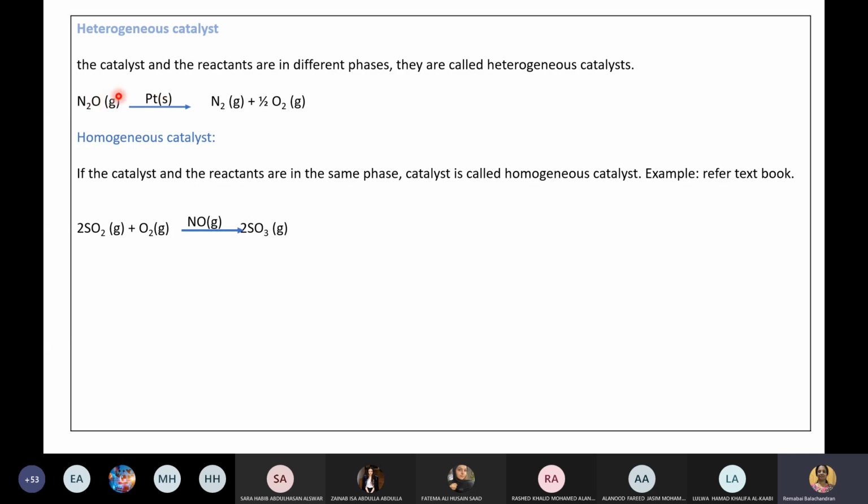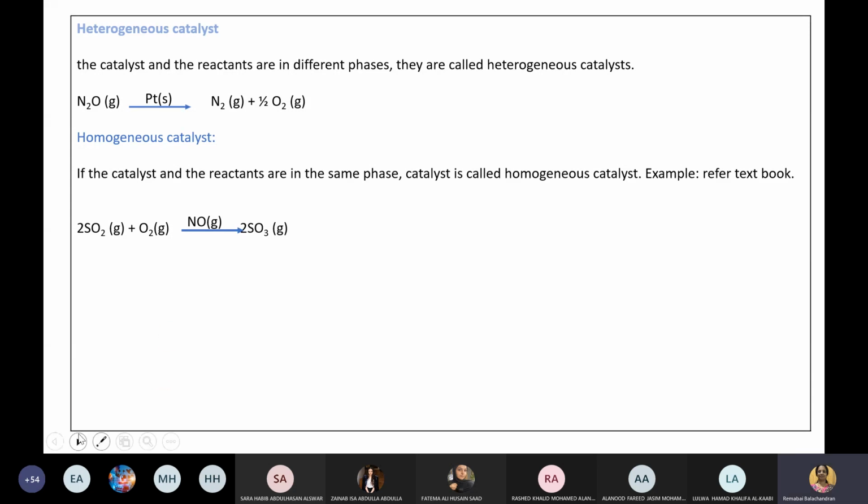This one is gas. They are in two different phases. Whereas here, all of them are gases, in the same phase. So we call it homogeneous. In this case, different phases, so it's called heterogeneous.